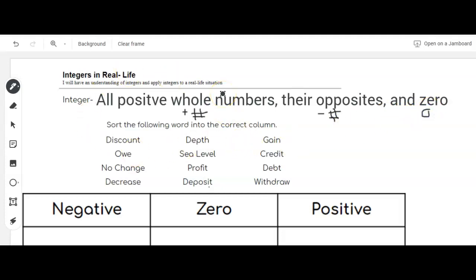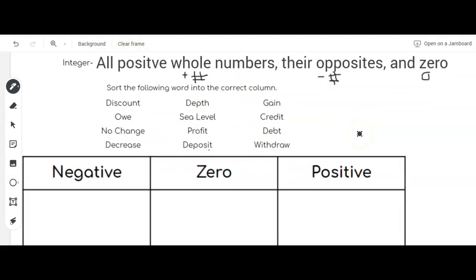So first thing we're going to do is we're going to figure out how to use them in real life. So if I go down, we're going to sort these. Okay, sort the following. So let's look at the first column. We have discount, okay? Does that mean I'm going to add money to what I have or subtract? All right, it's going to go in the subtraction, which means negative. So we're going to put discount here.